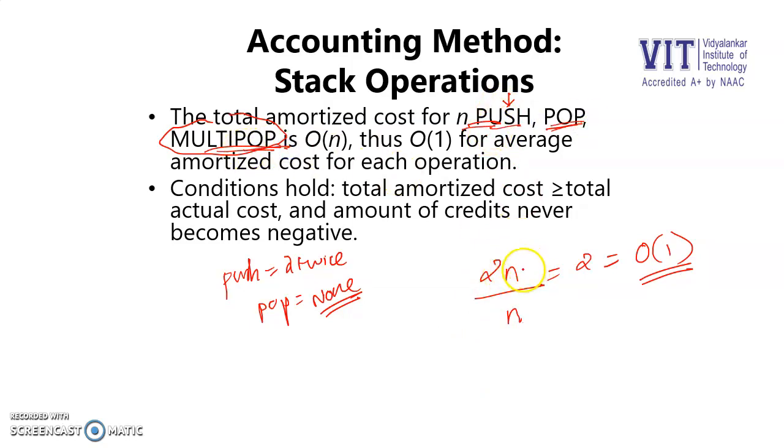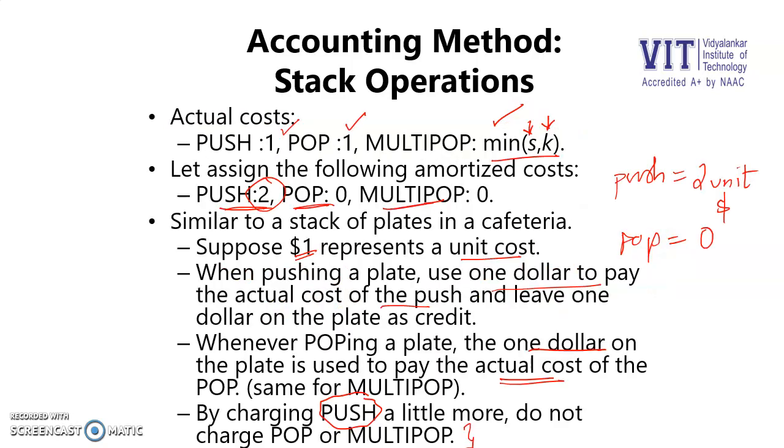So even 2n can be represented as n. So it is n by n, and we can represent it as big O of 1, because you're not paying for pops, you're not paying for multi-pop, you're paying double for push. So we are averaging it out. This type of method is called the accounting method.